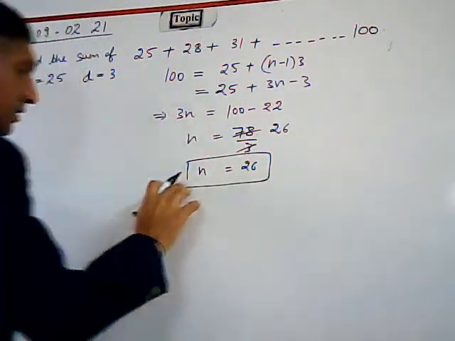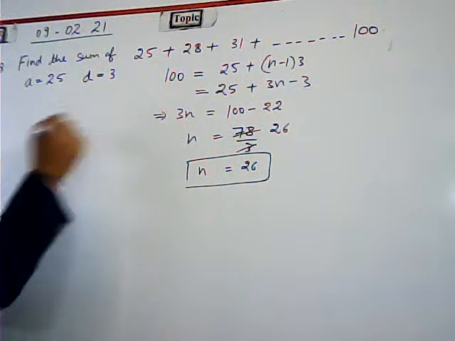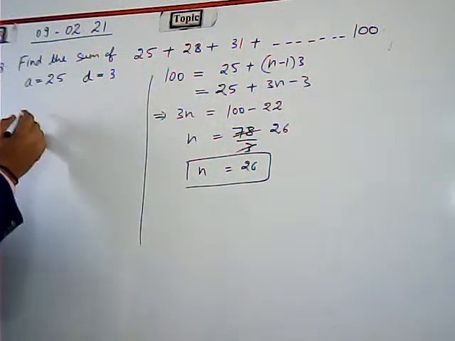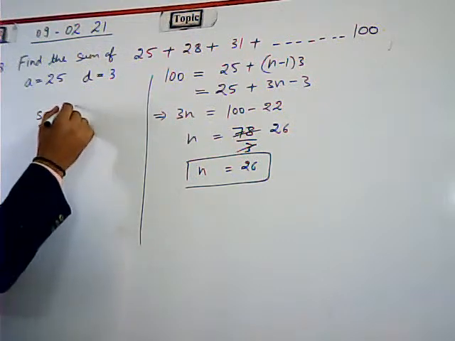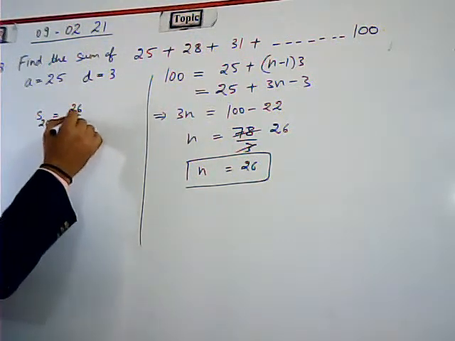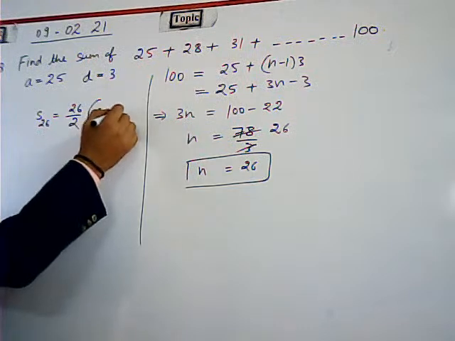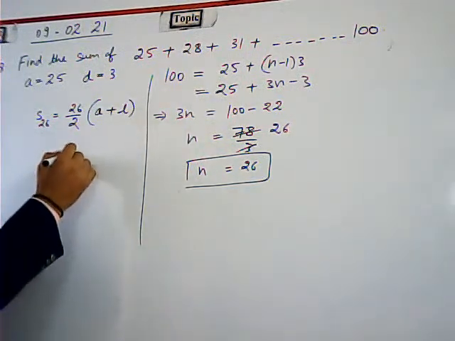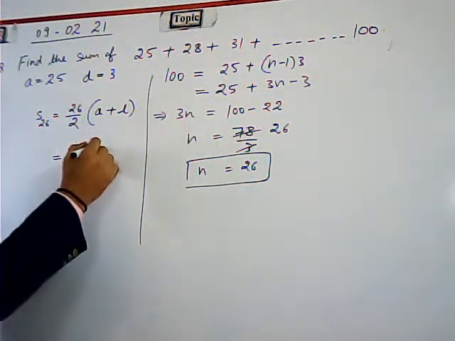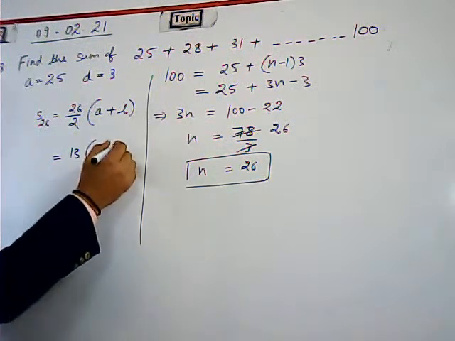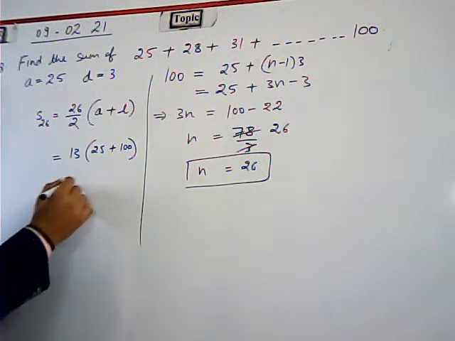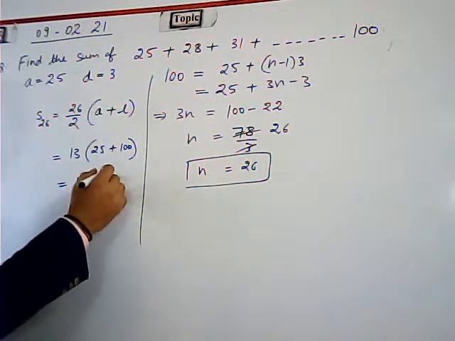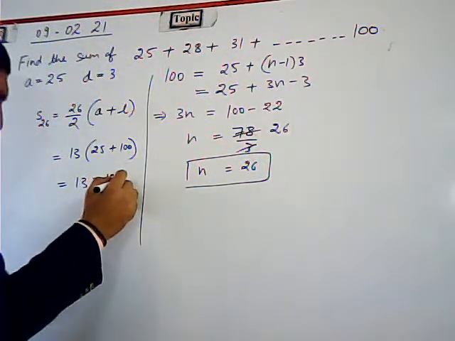Therefore, the sum of n terms Sn, here sum of 26 terms is equal to 26 divided by 2 into a plus l, right? So here it is 13, a is 25, and l, last term, is 100, right? So here we have 13 into 125, right?